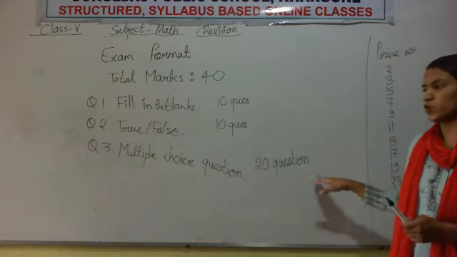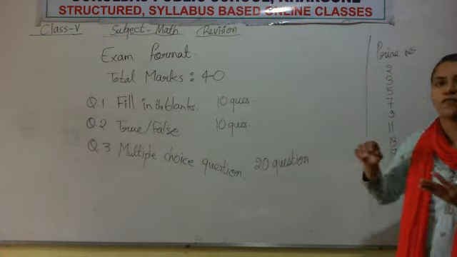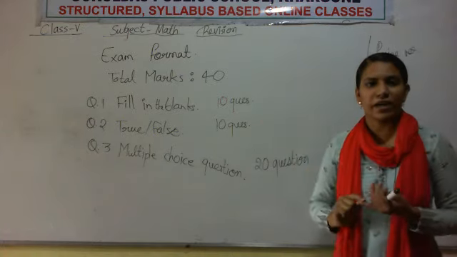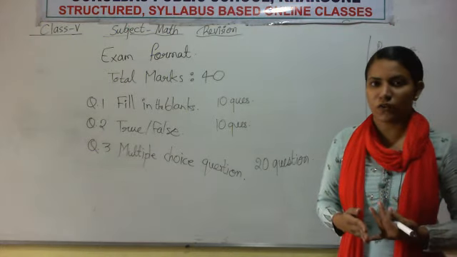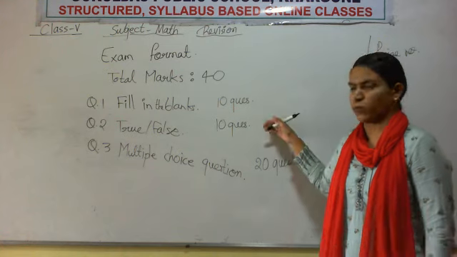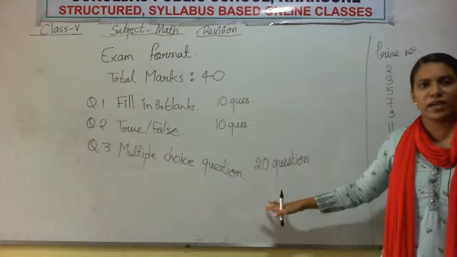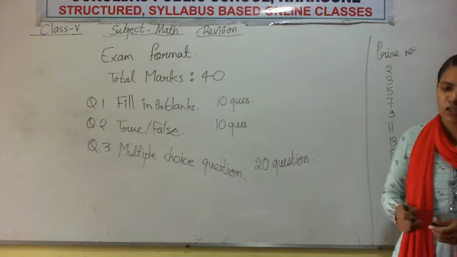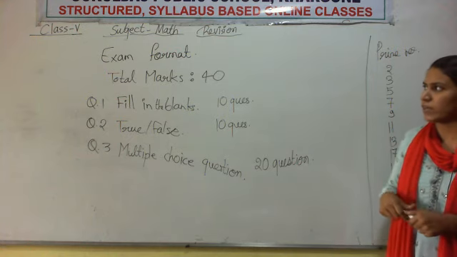So in this portion what problems may come? In these two portions what may come? Definitions may come, and small sums may come. In this portion word problems may come, so practice word problems also. So it will be your exam format.